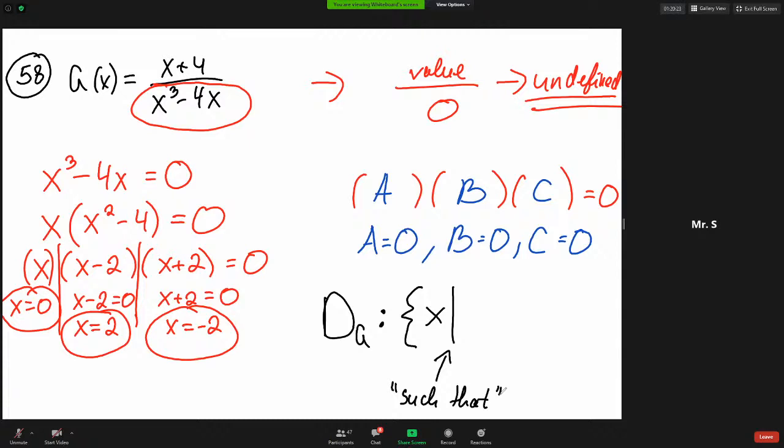But here, real numbers, so we don't have to spell that out. But x is everything except these 3 values. So x cannot equal 0, x cannot equal 2, x cannot equal negative 2. That's how we would write our domain.